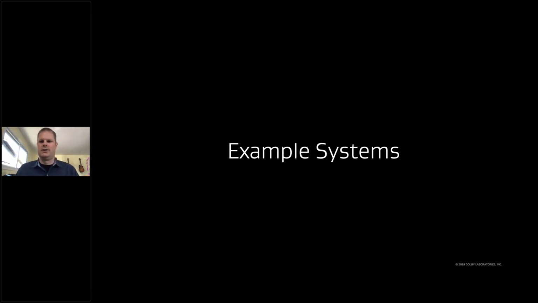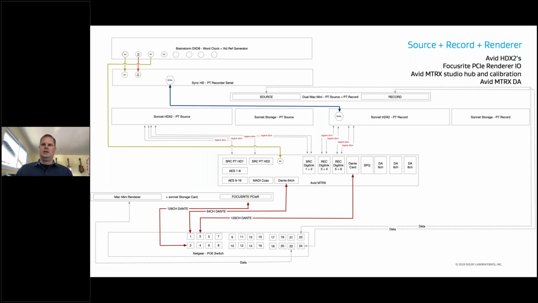How does that actually look in terms of a signal flow versus the example block diagrams? There's an awful lot more going on in this than in the previous setup for the block diagram, but let's step through it.